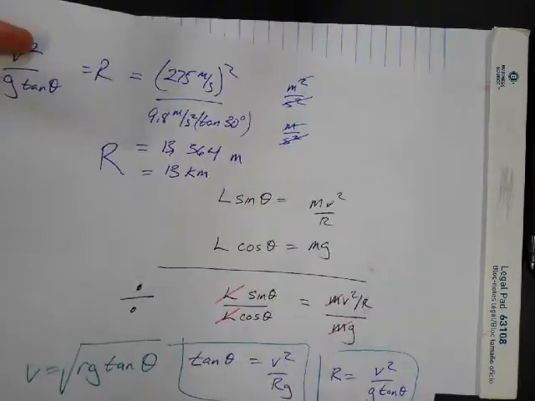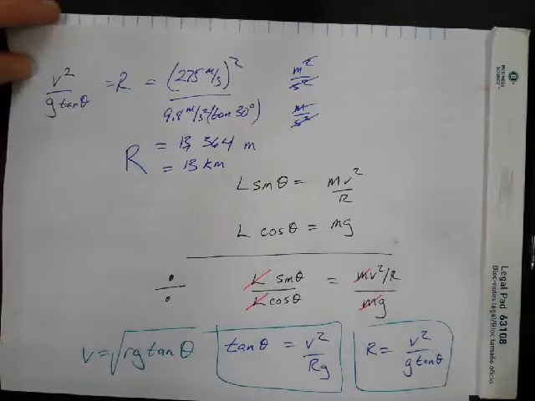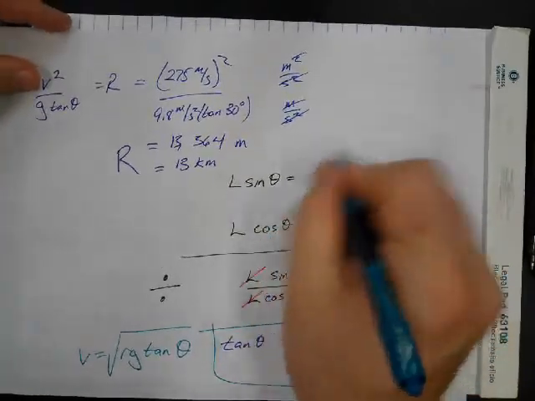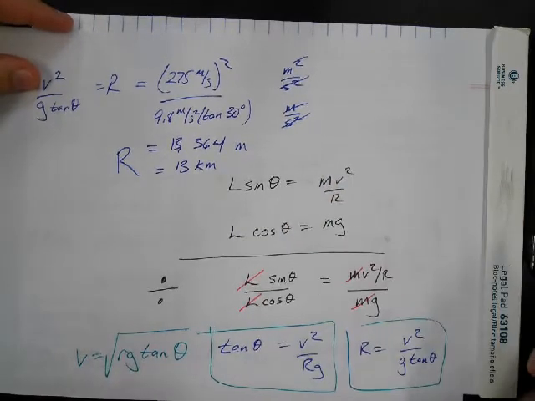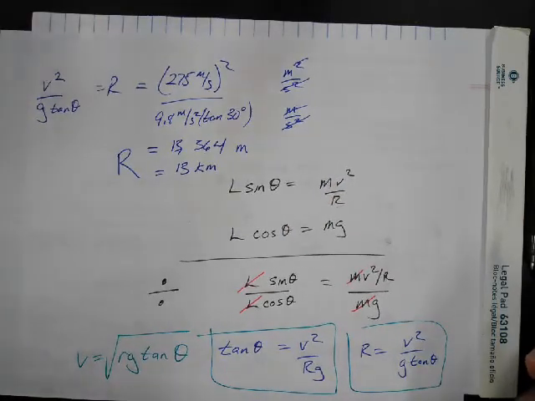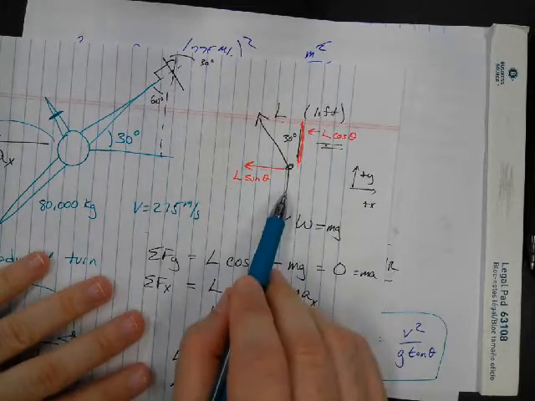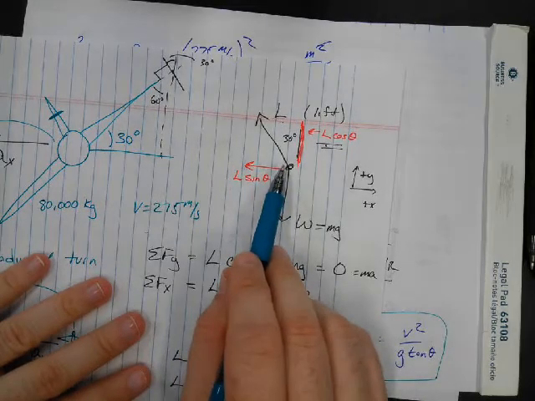So when you see problems like this, right, you might jump and be like, oh, this is the thing I want because it's got R in it. But you have to kind of realize that when we drew the free body diagram here, there was no one force that caused the thing to go in a circle.